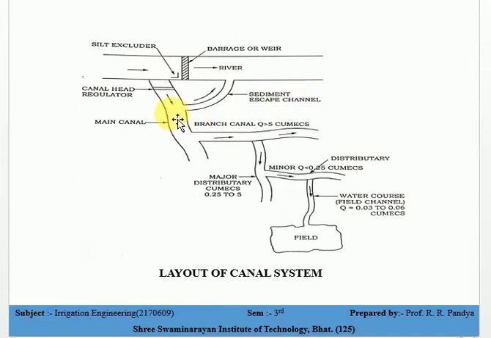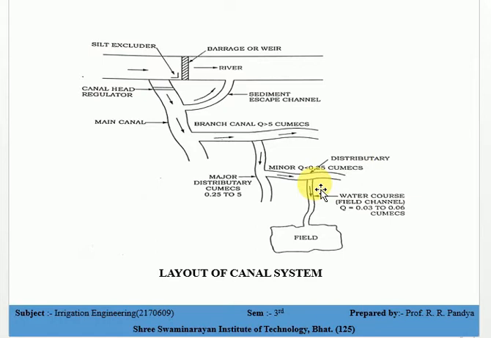This main canal is further connected with this branch canal. You can see here the branch canal. This branch canal is further connected with the major distributary. You can see here, this is the major distributary, and this major distributary is connected with the minor distributaries.